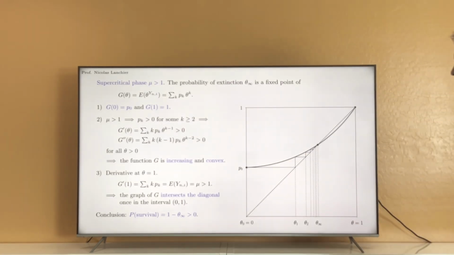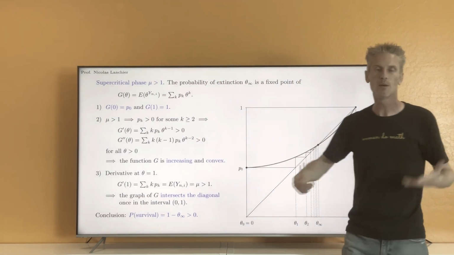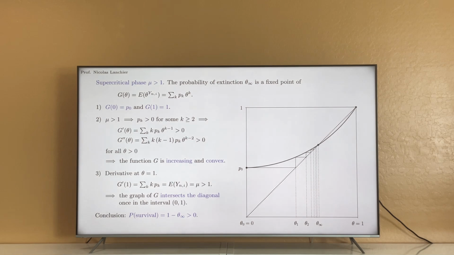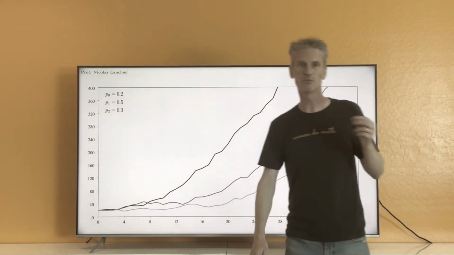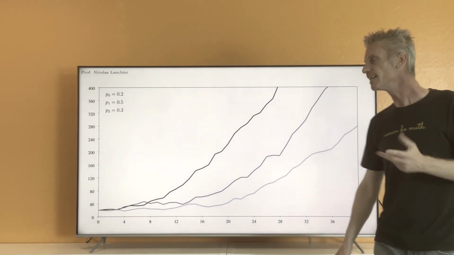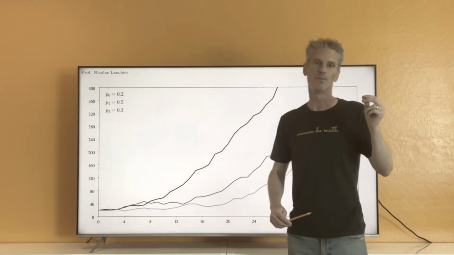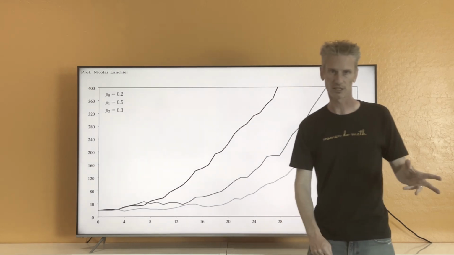All right. So I'm done with all the theory, but let's go back to give you an illustration. Let's go back to the example I already showed you before. I showed you those simulation pictures at the beginning of this video, telling you that these are sample paths of the Galton-Watson branching process with this offspring distribution.